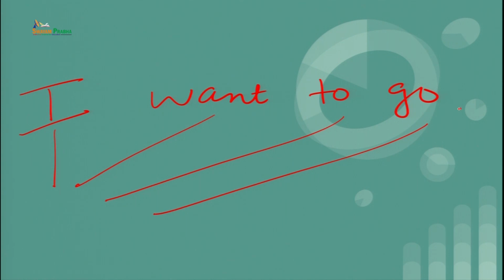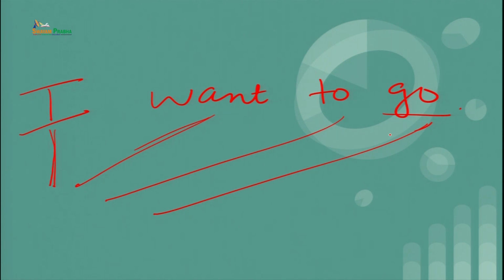Can you think of the expressions that are independent, that do not require any support to get fixed? For example, you say I, which is independent. I mean, you can express it in the form of your experience, right? Similarly, want is also independent, right? You can think of go, which is also independent.